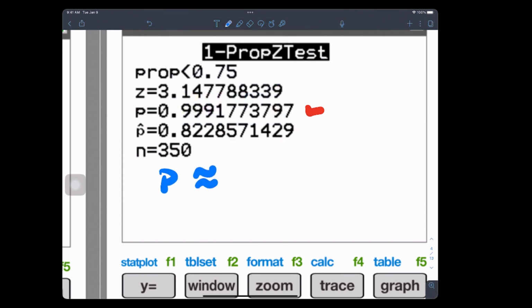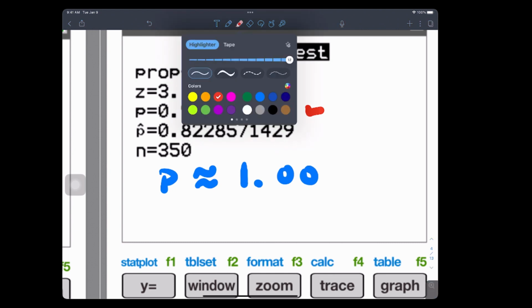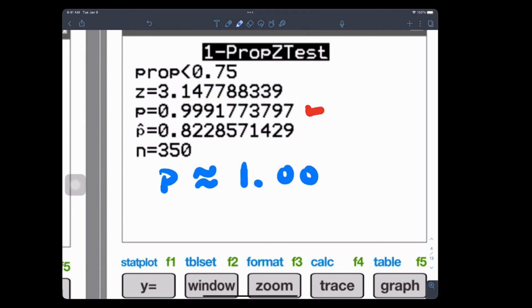The p-value is the third line. If this was money going to the nearest hundredths, 0.999, isn't that approximately 1? That's your p-value to the nearest hundredths.